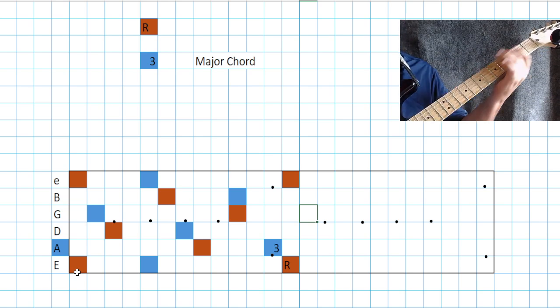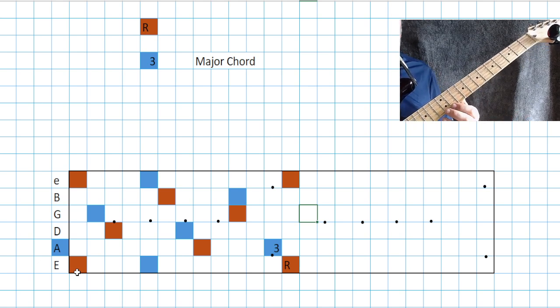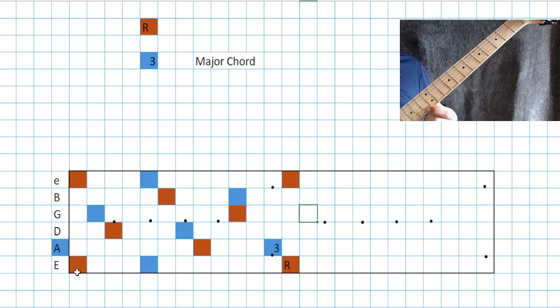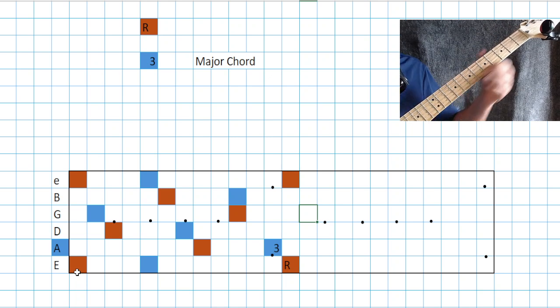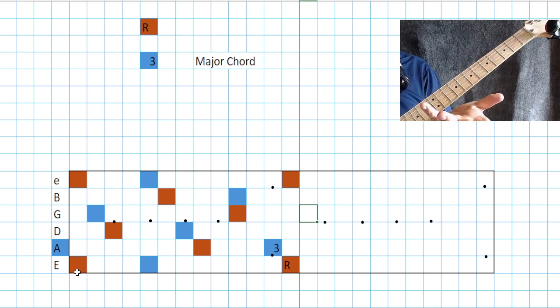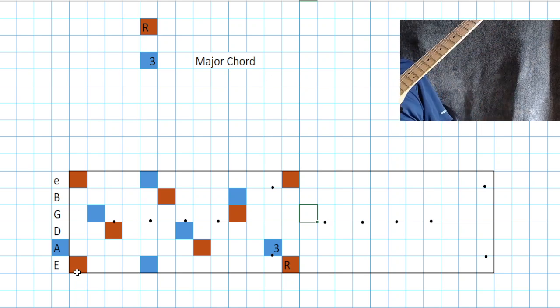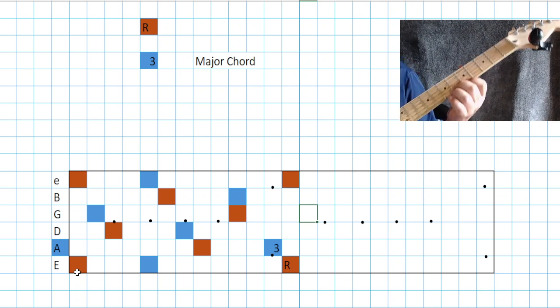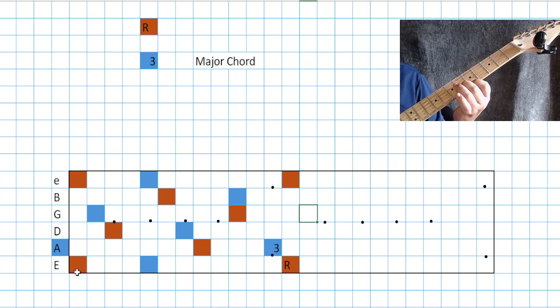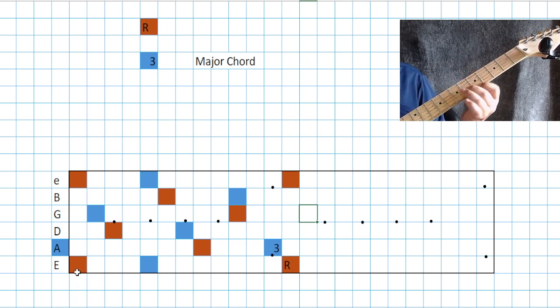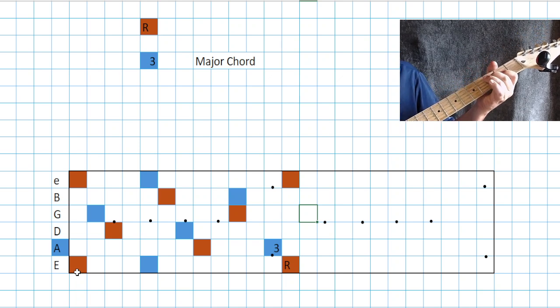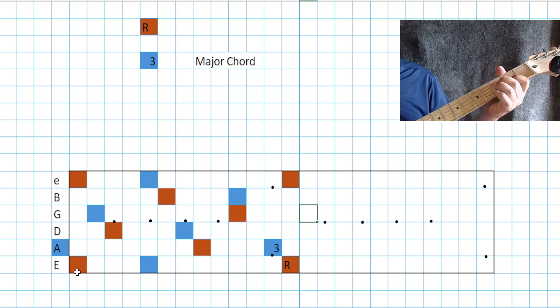And the only ones that don't get a third relationship are the bottom E string. They don't get a neighboring third because there's no lower string. You got to go up here to get that. Following the octave pattern down and getting it wrong and sliding right.